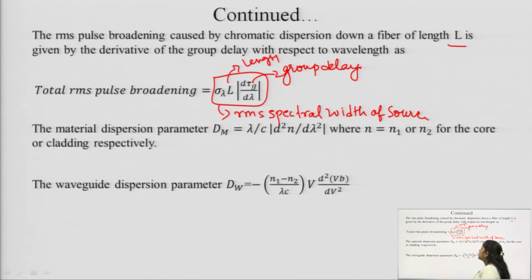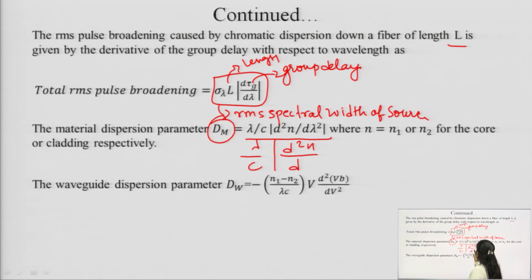So, total RMS pulse broadening is given by this, and since in intramodal dispersion we have material dispersion as well as waveguide dispersion, the material dispersion parameter is given by lambda by c d square n upon d lambda square, where n will be equal to n1 or n2, depending upon whether we are considering the core or the cladding.